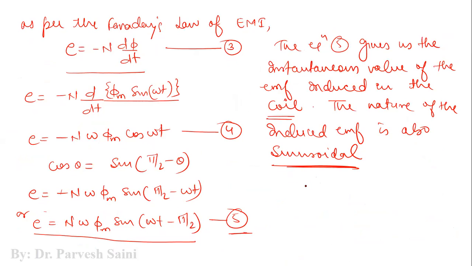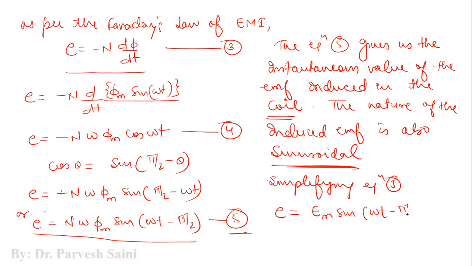So now, simplifying equation 5, we can write this as E is equal to Em sine omega t minus pi by 2.